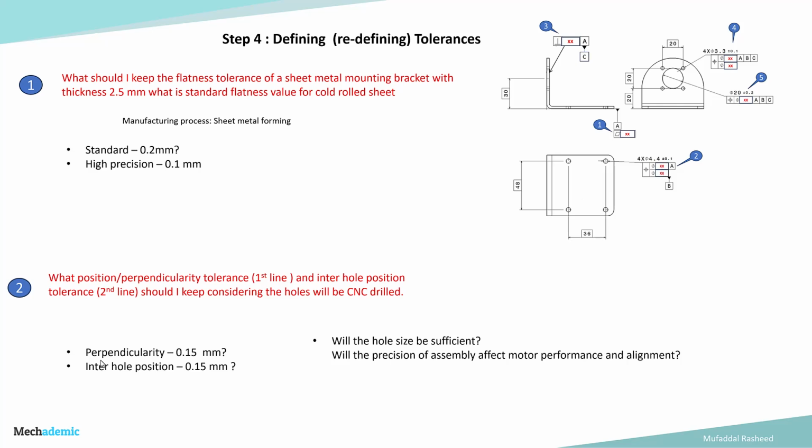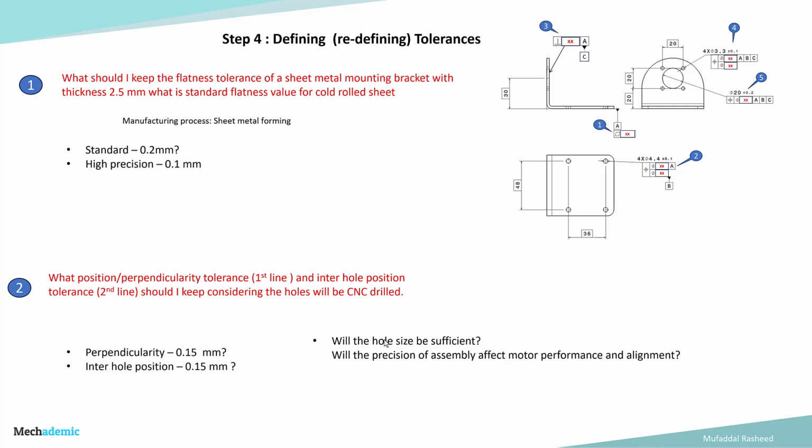Perpendicularity, we can keep the value of 0.15. Inter-hole position also, we can keep the value of 0.15 if you want good precision. Depending on the tolerance stack up analysis, which we can do for the motor mounting, these values might have to be refined.